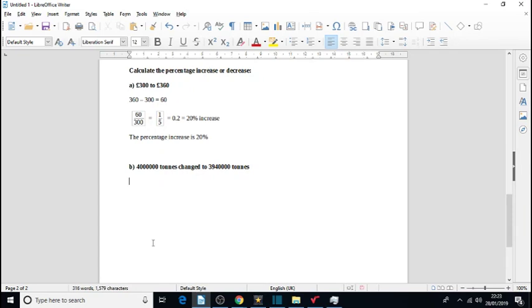So we're going to do 3,940,000 tons subtracted by 4 million to work out the difference. That is minus 60,000. And then we're going to work out what that percentage is.